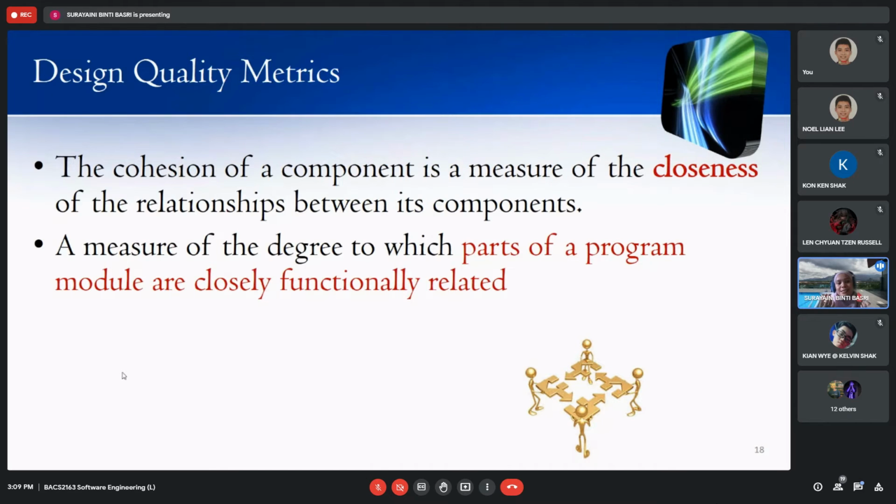So here, cohesion is the metric that can measure how close the relationship is between each of the components. For example, you have one subsystem, like a student registration subsystem. Maybe you have one system which is the student portal, and under the student portal you have different subsystems.